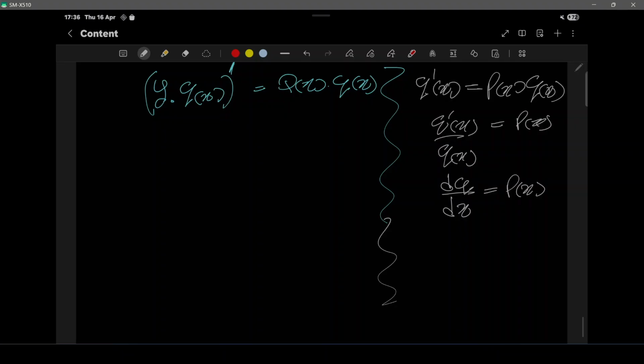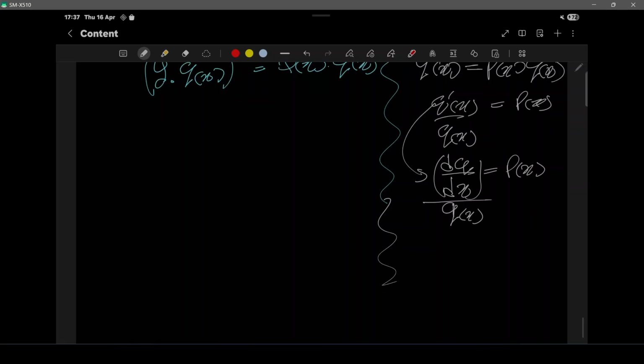This is also a differential equation, and we can solve it using the variable separable method.